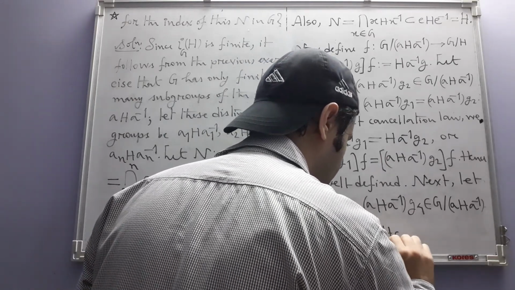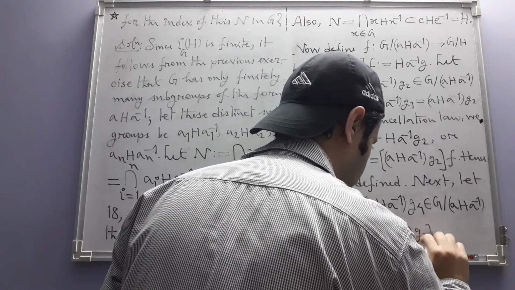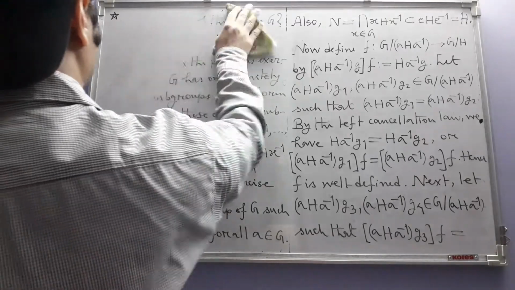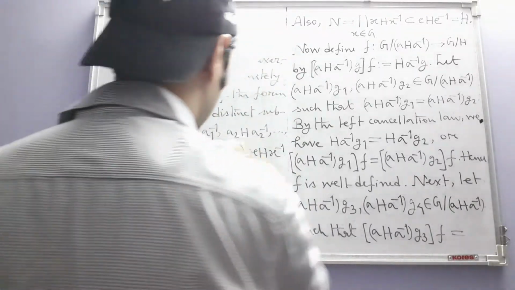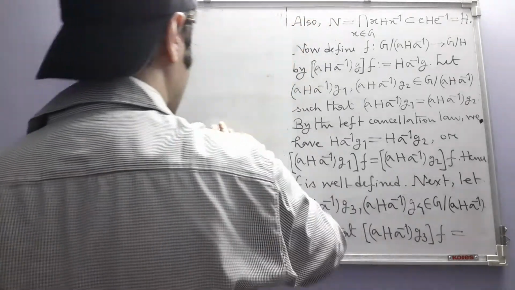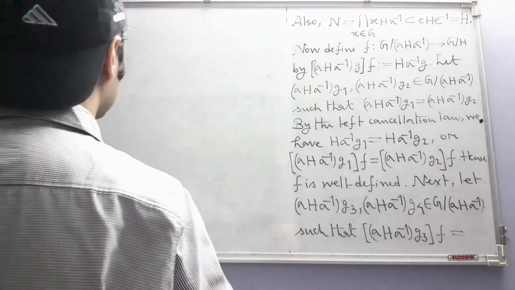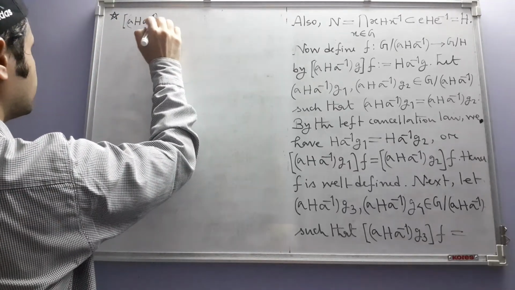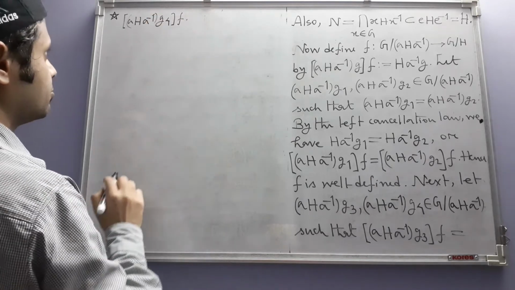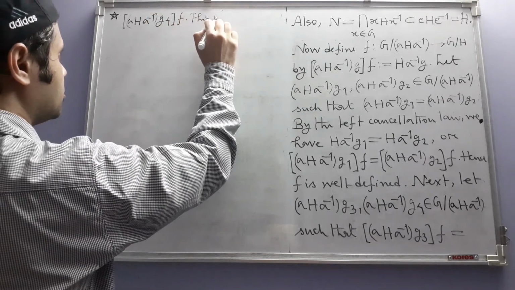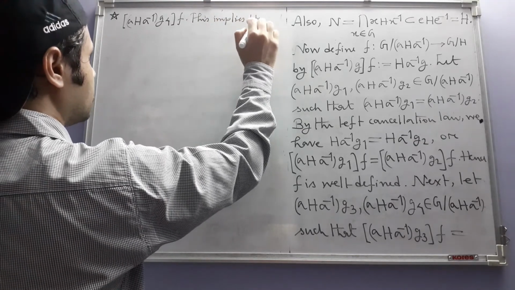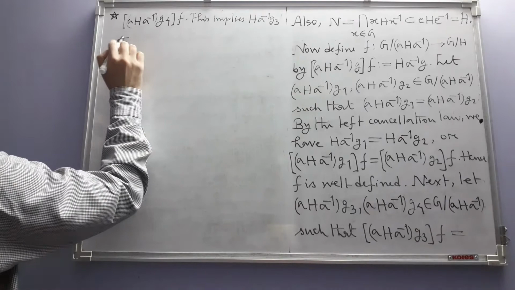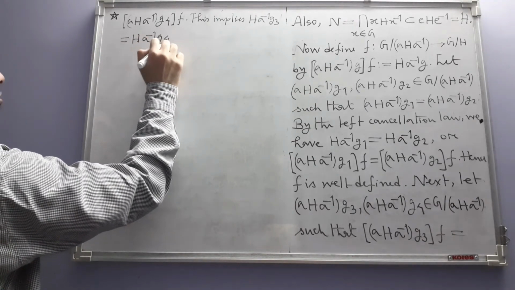Now we are going to assume that A H A inverse g3 F is equal to A H A inverse g4 F. This implies H A inverse g3, because that's what this image is, is equal to H A inverse g4.